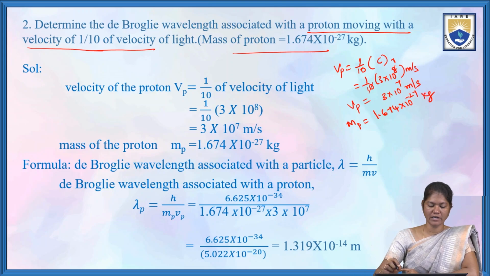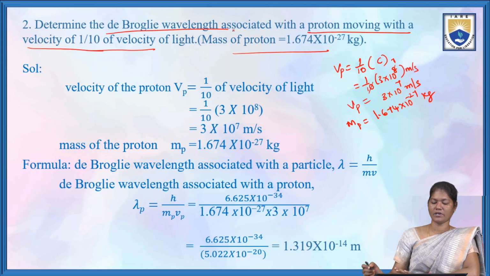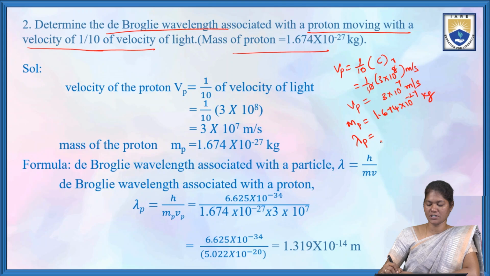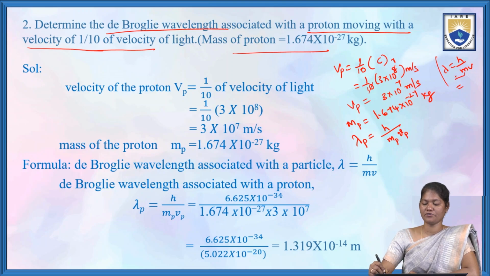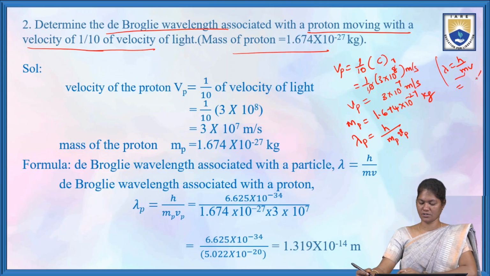We need to calculate the de Broglie wavelength which is associated with the proton. So de Broglie wavelength lambda p, p is for proton, lambda p is equal to h by mp vp. So the formula is lambda equals h by mv, where h is Planck's constant, m is the mass of the proton in this case, and v is the velocity of the proton.